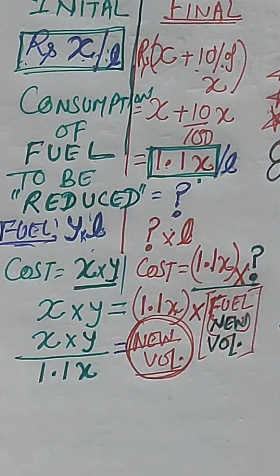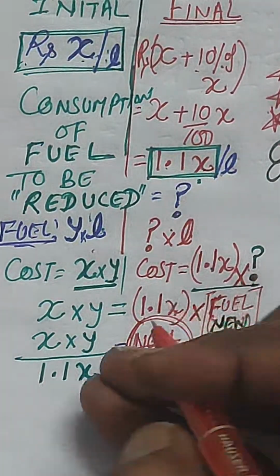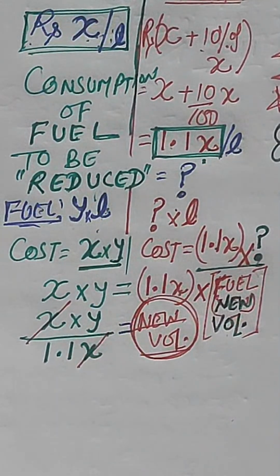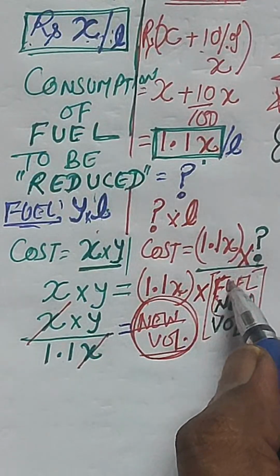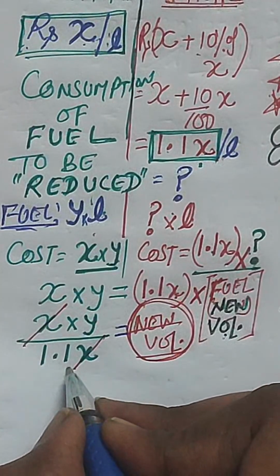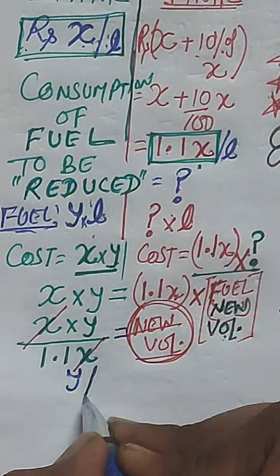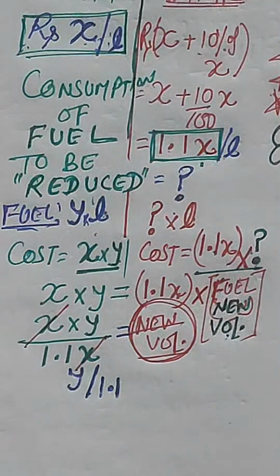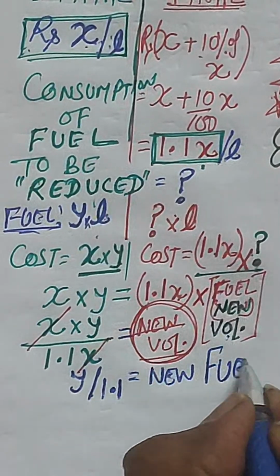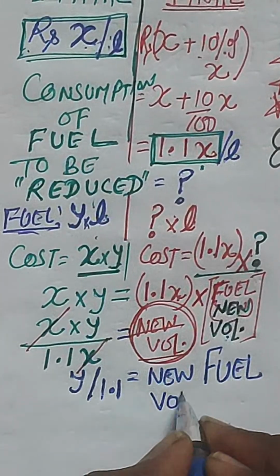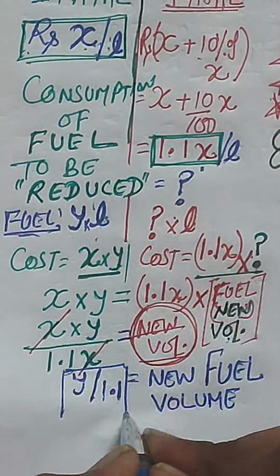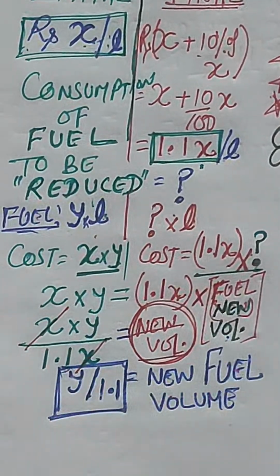So here you can see x and x will be cancelled out and the new fuel volume will be y by 1.1, right?